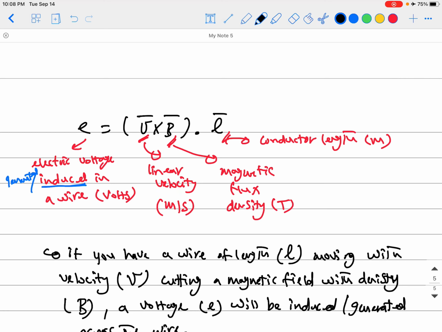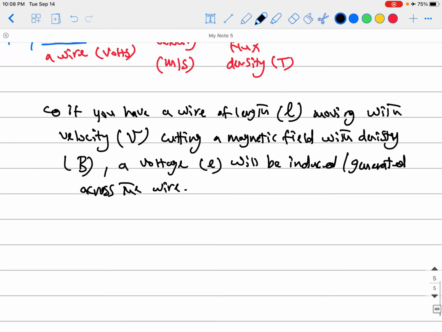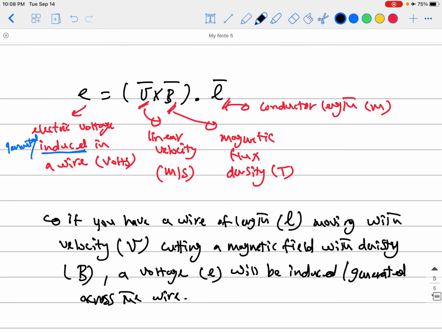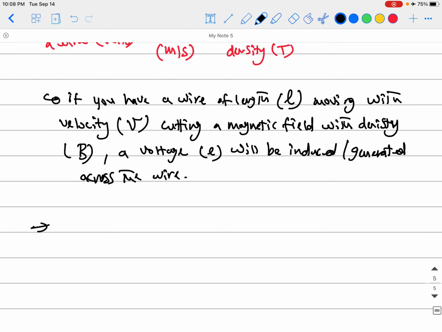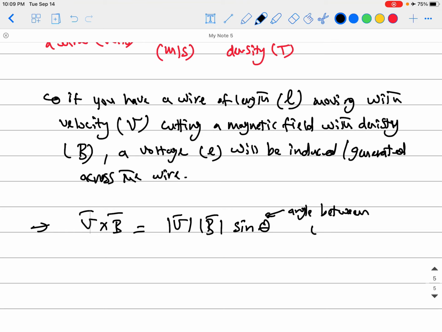Okay, guys? And I hope you remember this vector calculation to find V cross B. You can calculate its magnitude as the magnitude of V multiplied by the magnitude of B times sine theta, where theta is the angle between the two vectors V and B. That is just the magnitude of it.